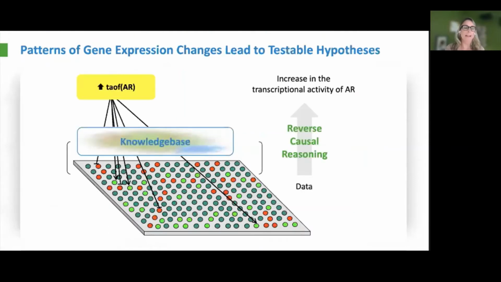Those mapped changes can lead to different types of testable hypotheses, and this really is reverse causal reasoning again. We're looking at the pattern of gene expression changes, and we're saying, all right, this is interesting. Can we scan all of the knowledge in our knowledge base of all the different other gene expression patterns that can be controlled by upstream regulators, and see what our experiment matches, what it looks most closely like?